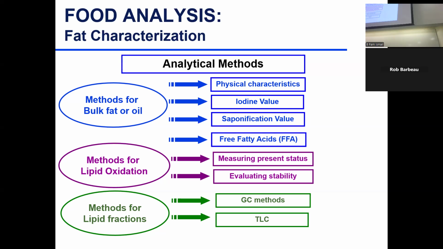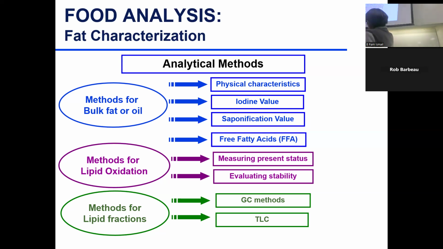You have certain characteristics that you measure that confirm the identity of the oil, that help you determine whether it is truly what it says or adulterated, whether there is oxidation, whether there has been refining of the oil. A lot of these methods on bulk fat and oil are really to identify the oil and confirm that it follows the specifications.